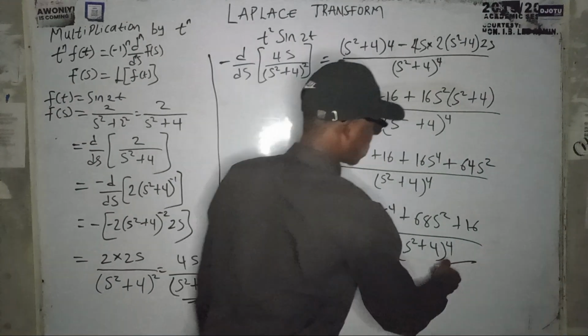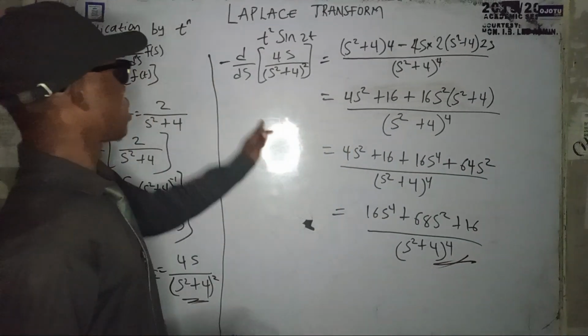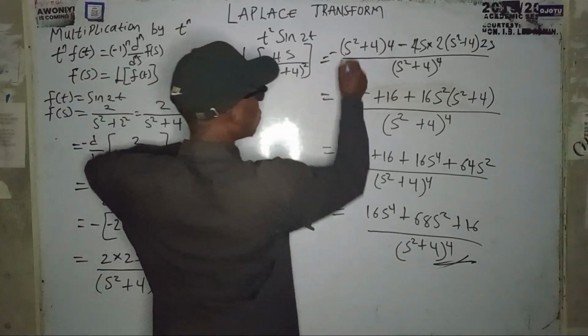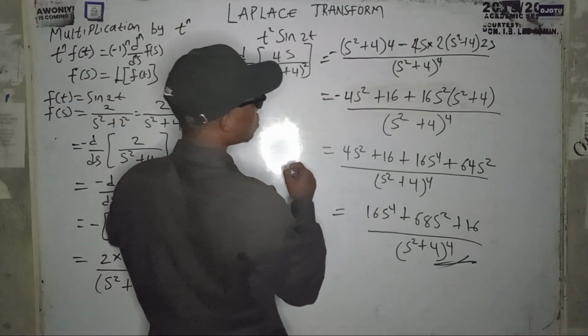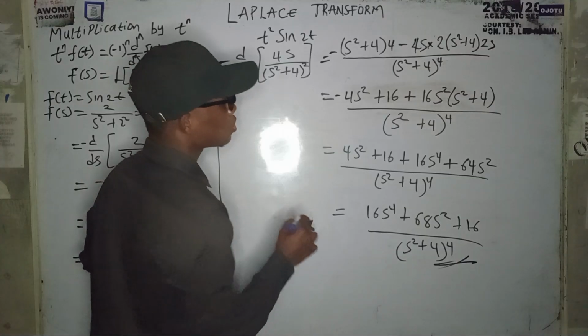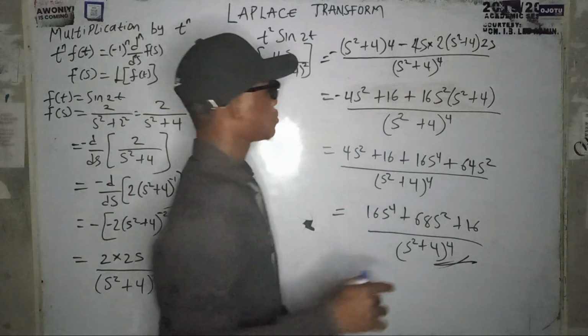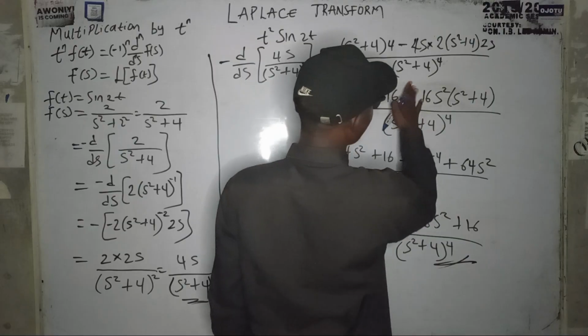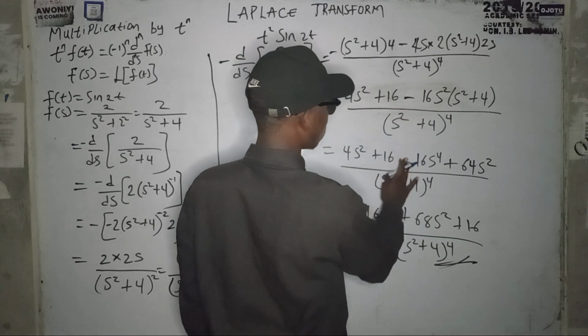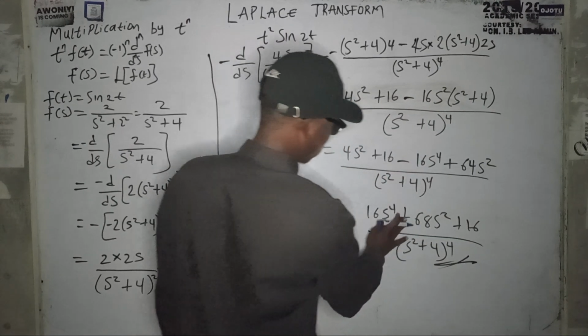So now this is what it is. And let's not forget our minus, which we forgot to add here. We did a little bit of a mistake, which is our minus.